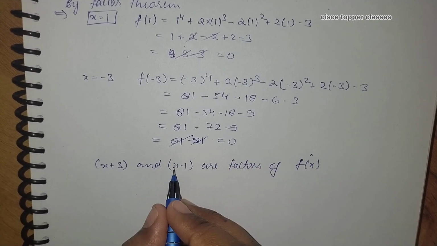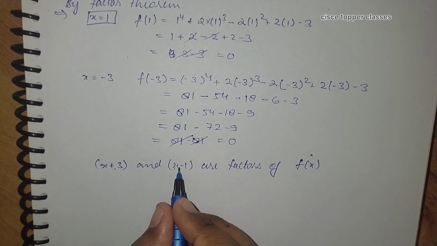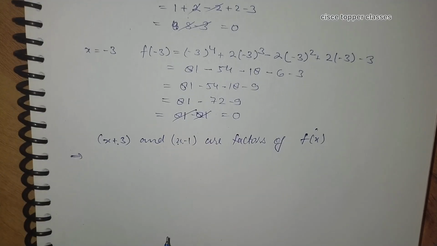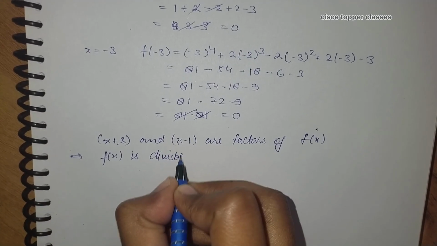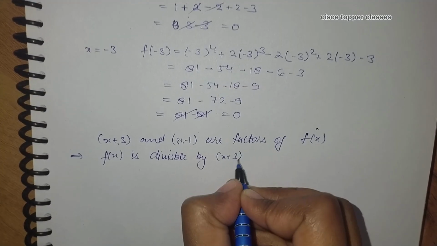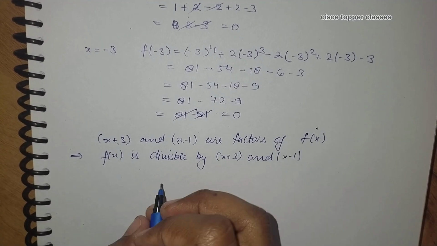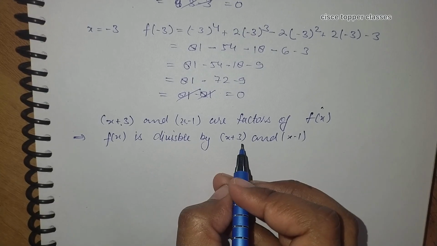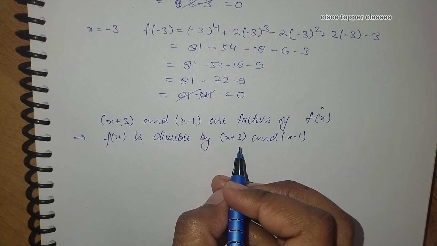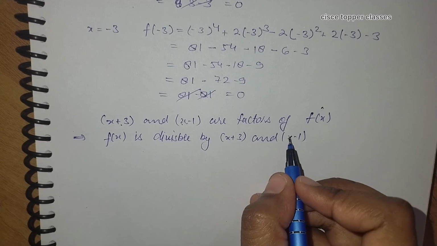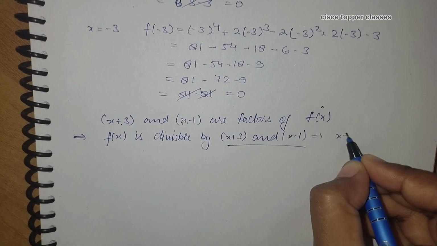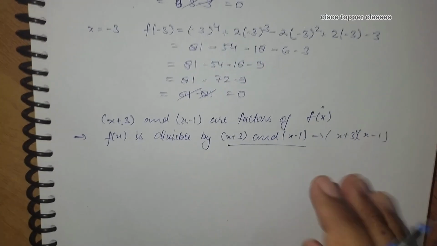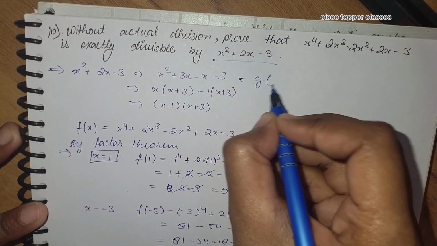If f(x) is divisible by x plus 3 and x minus 1, then f(x) is exactly divisible by g(x) also, which is x plus 3 into x minus 1. So x plus 3 into x minus 1 will form that polynomial g(x) here, which we have let here. So this is the polynomial g(x), and this is the final solution of question number 10.